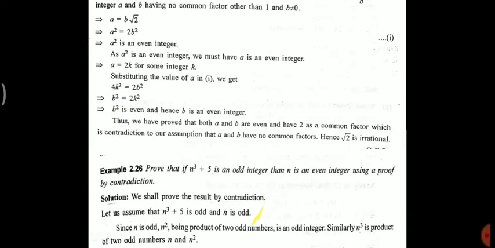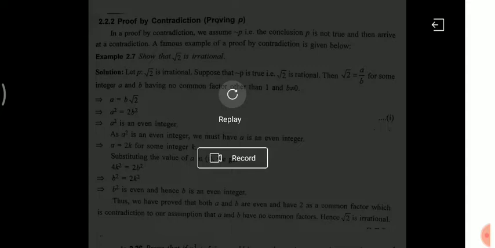Now the next method is proof by contradiction.